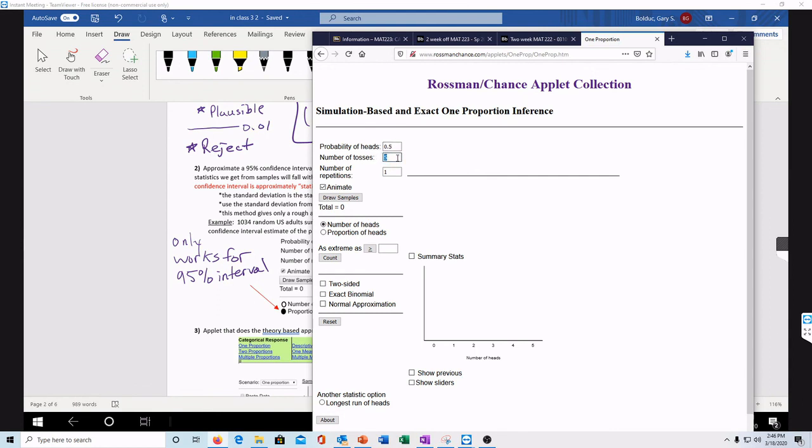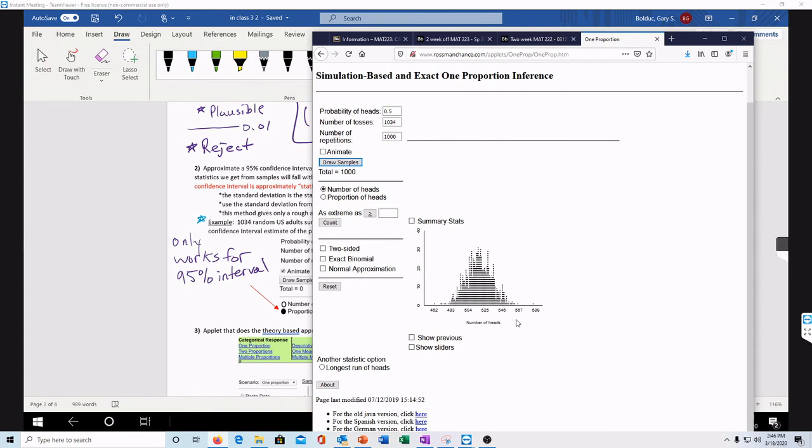For the number of tosses, I'm looking at this example here, and it says 1,034 random U.S. adults were surveyed. So that gives me my sample size. Let's do 1,000 repetitions. I'm going to get rid of animate. I'm going to draw my samples. Okay, so this is my null distribution, and again, notice that this looks bell shaped. It's not perfect, of course, but it's pretty good.